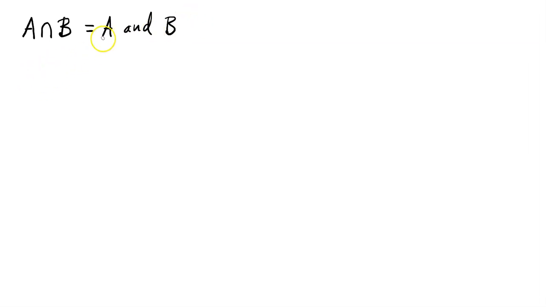So for example, if A is it's raining and B is 1 plus 1 is 2, then if it is raining and 1 plus 1 is 2, the whole thing is true. But if it's not raining and 1 plus 1 is 2, then this is false, but this is true, and the whole thing is false. So both of them must be true for the whole thing to be true. Okay, so this symbol means and.